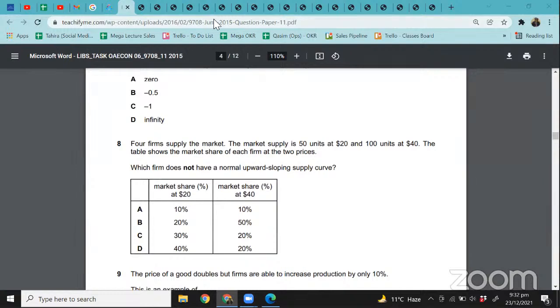I mean, let's check. To be honest, this is a little confusing for me. What question number is this? 8. 8 is D. Whoa.